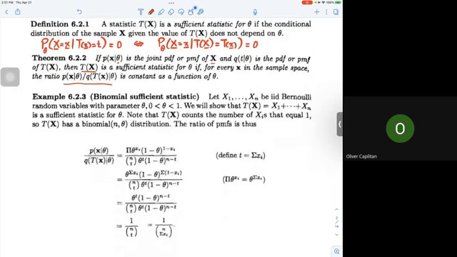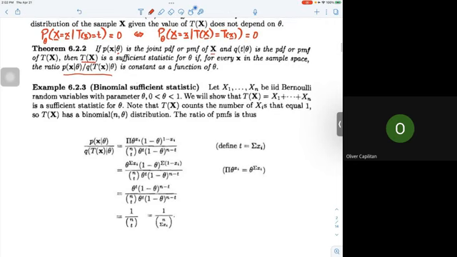Example 6.2.3, we have the binomial sufficient statistic. So we let the sample x sub 1 up to x sub n be IID Bernoulli random variables with parameter theta, where theta is between 0 and 1 exclusive. So we have an IID random sample in which the x sub i has a Bernoulli distribution with probability of success theta.